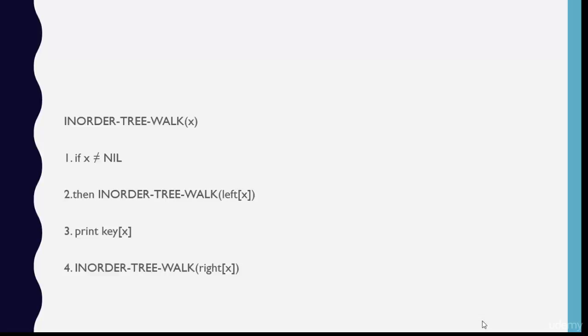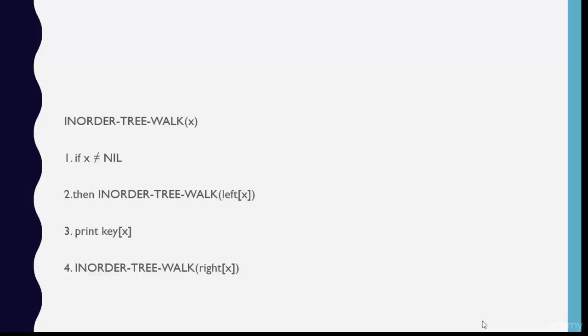So in this algorithm, as you can see, the in-order tree walk takes x, a node. If the topmost node x is not equal to null, then it calls recursively the in-order tree walk using as parameter the left node. So all the left subtree will be considered here, and this whole function will be run on it.